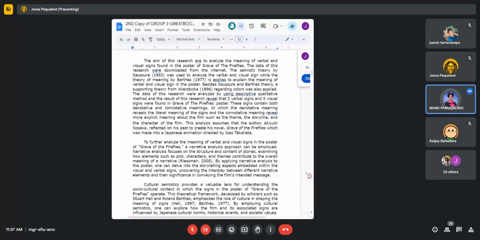Oh, Saussure, 1983. You have a problem there because you cited Saussure, so it must be with a page number, and later in the bibliography, all of those will be seen, like the real title of Saussure's book.